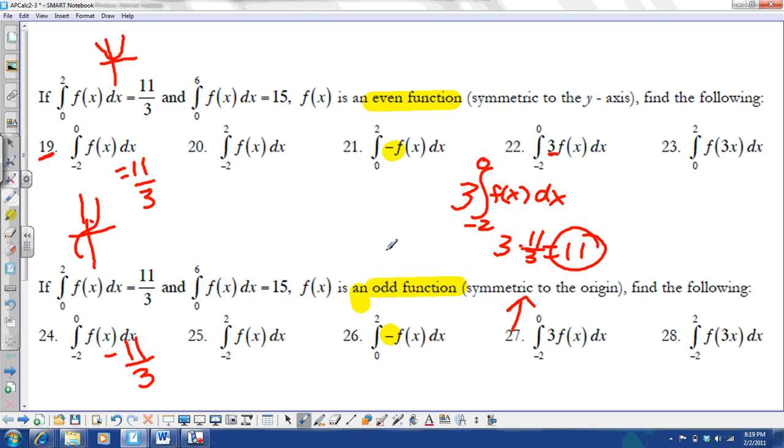Now, number 23 and number 28. I would maybe take some time and, using the sine function, for example, that would probably help you understand 23 and 28 a little bit more. When you have a change on the inside, we're multiplying the inputs by 3. So using the sine function helps you think about this one the most.